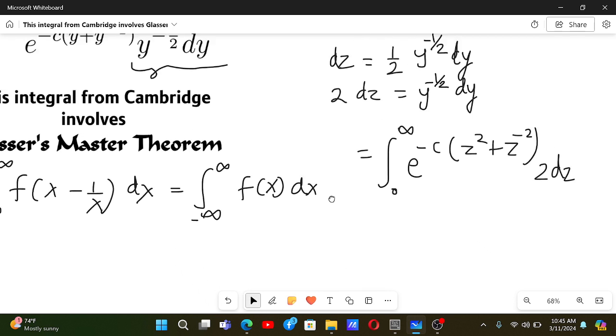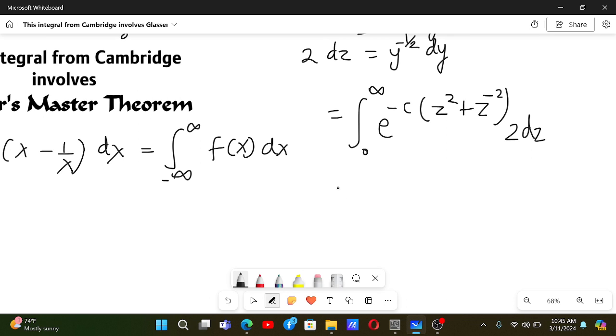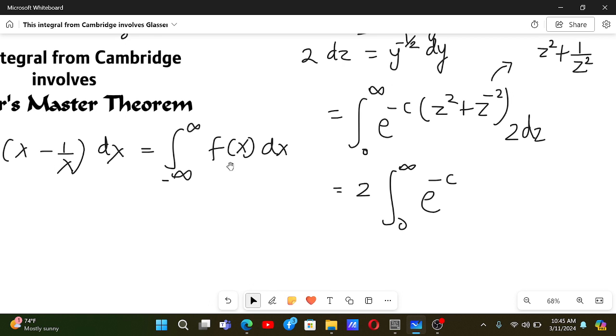So now we can take 2 outside, and we have the integral from 0 to infinity of e to the power minus c. Now we will try to write this expression, g square plus 1 by g square, in terms of g minus 1 by g, because we want to use this formula.